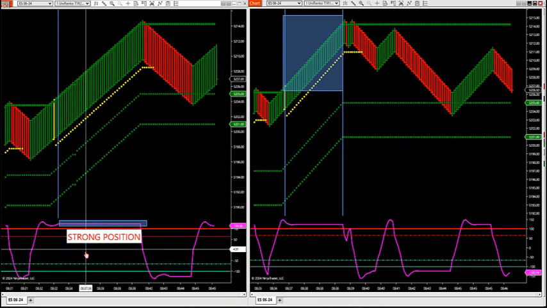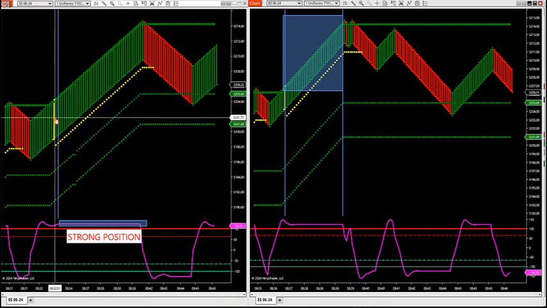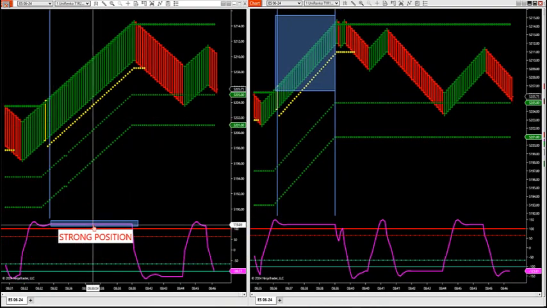We like using this oscillator below with these zone breakouts.